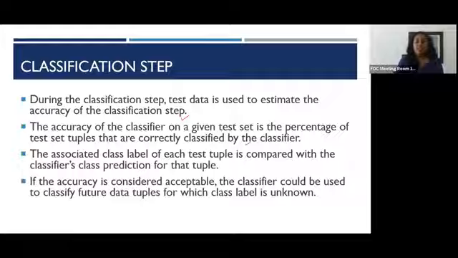The associated class label of each tuple is compared with the classifier's class prediction for that tuple. If the accuracy is considered acceptable, the classifier can be used for future data tuples. So if the testing shows enough accuracy, you can actually put it into use, right?